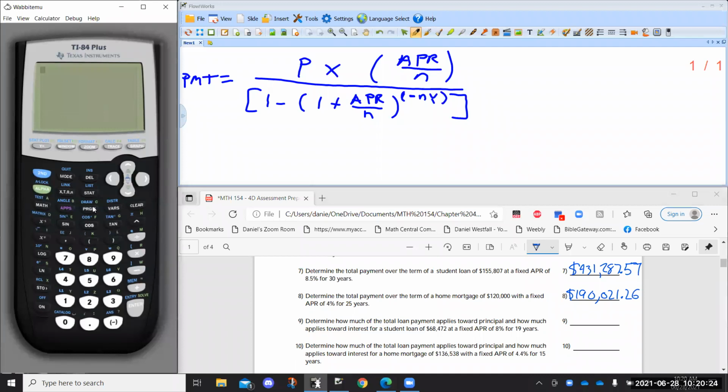So let's go ahead and show you that. We're going to have a student loan that's for 19 years. It has an interest rate of 8%. Its value is $68,472.